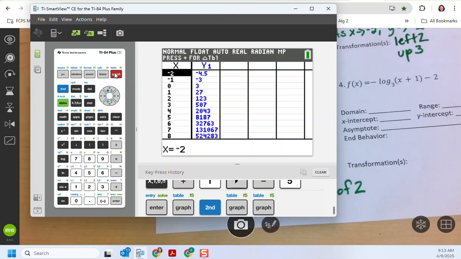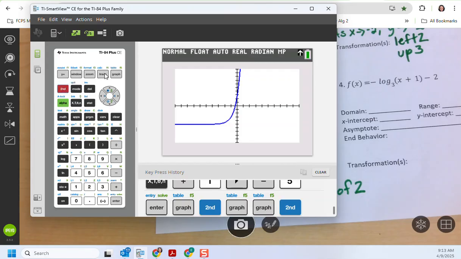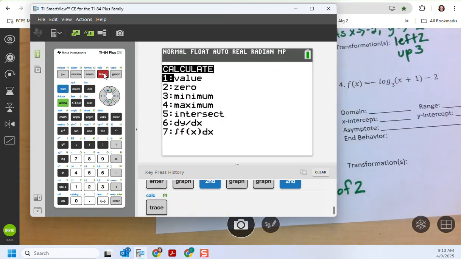Here's the graph. It looks like it might be about -0.2, but we're going to find a better estimate. Hold your calculator. Okay, so you already have the equation in. The next step is second trace, because we are going to calculate the 0 of the function. 0 is choice 2.